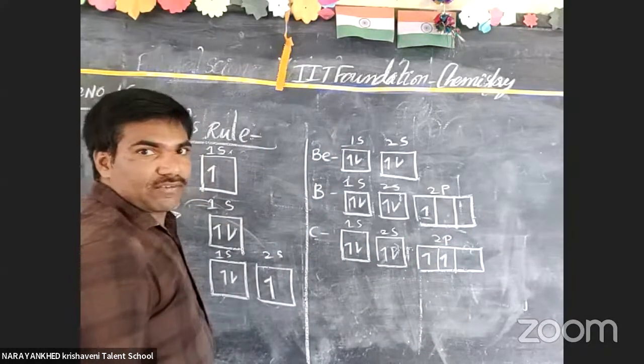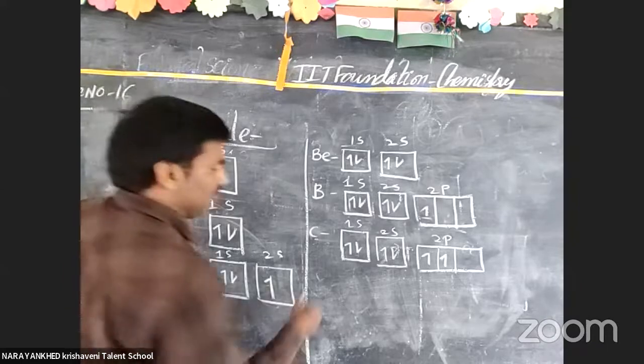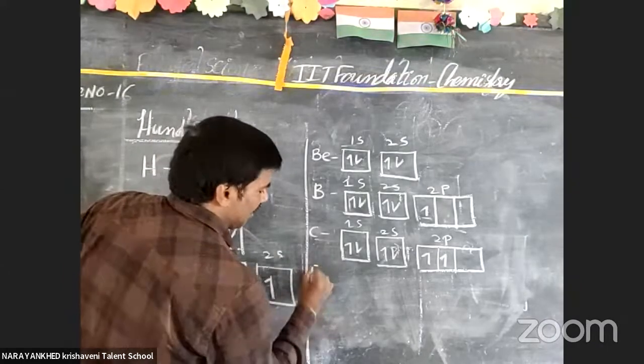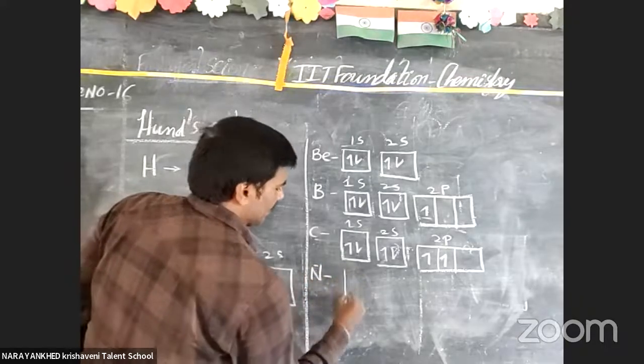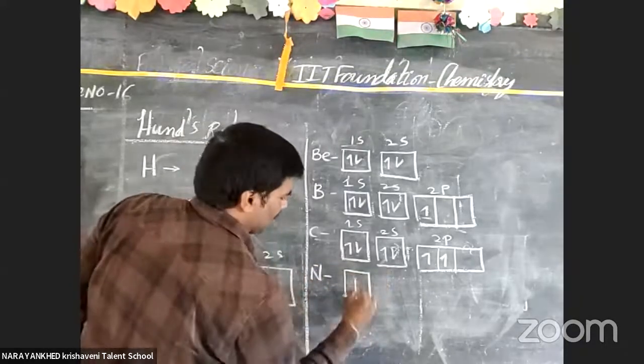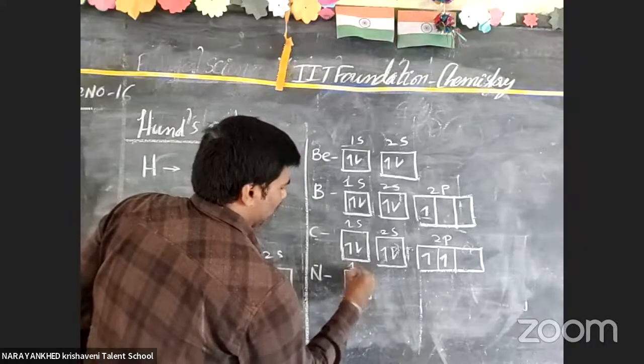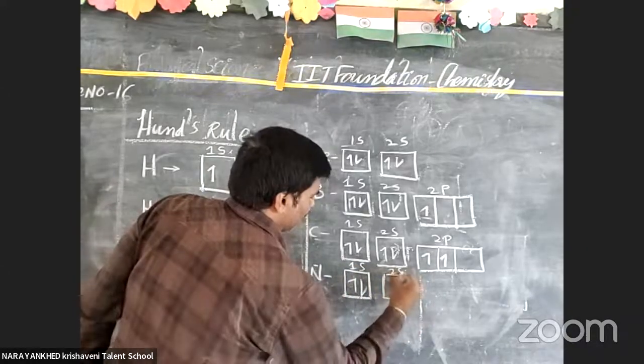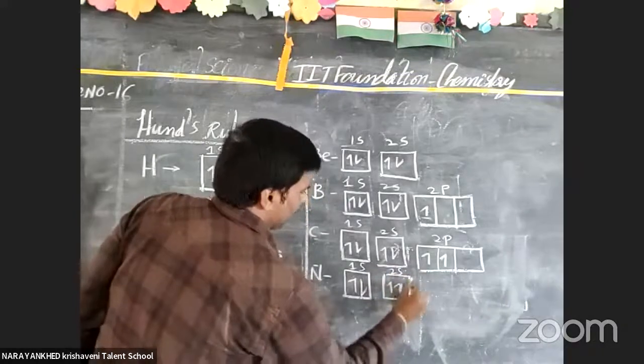And the next, after this, we are taking nitrogen. Now nitrogen contains the 1s electrons and the 2s electrons like this.